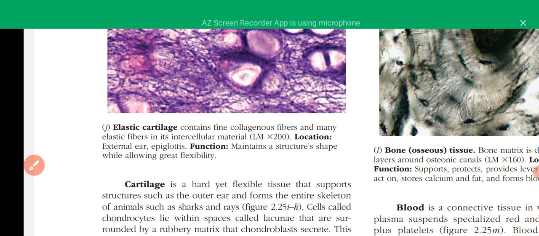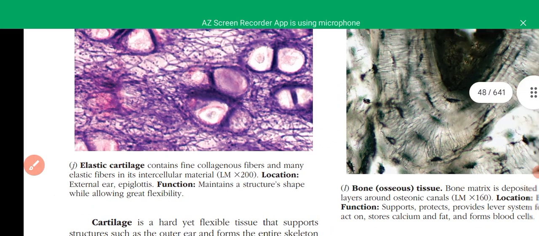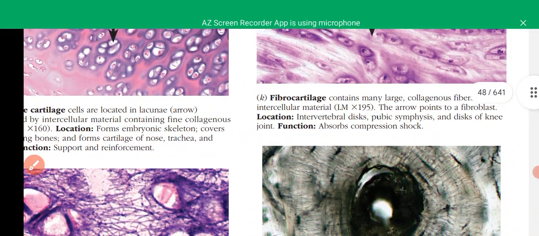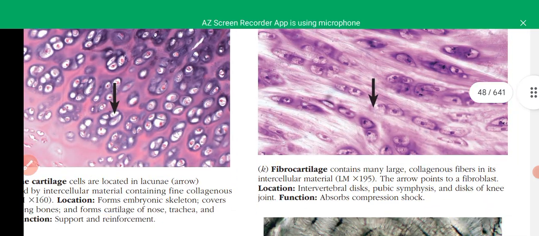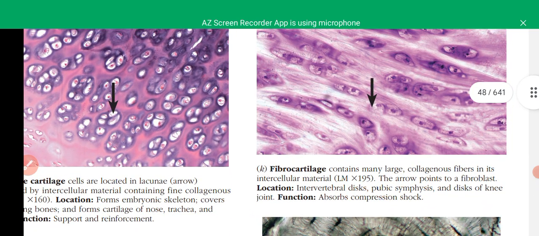Then let's talk about the elastic cartilage. They are elastic in nature and provide structure, shape and flexibility. They are present in the external ear and epiglottis. Then there are the fibrous cartilages. They are fibrous tissues with collagenous fibers.